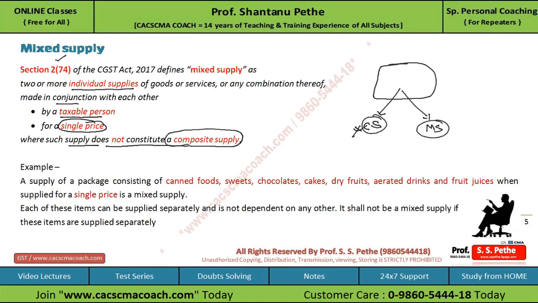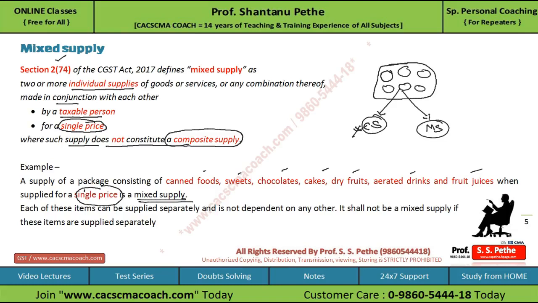So as in our example, we have already seen that there are different items which are packed and supplied. For example, canned foods, sweets, chocolate, cakes, dry fruit, aerated drink, fruit juice. When these are supplied for a single price, it will be treated as a mixed supply.